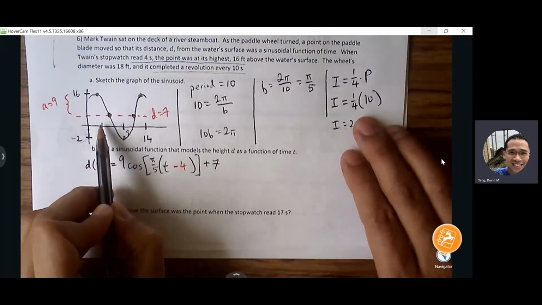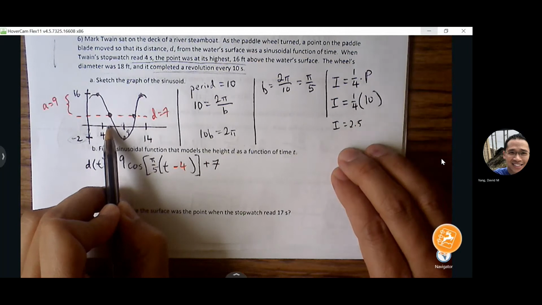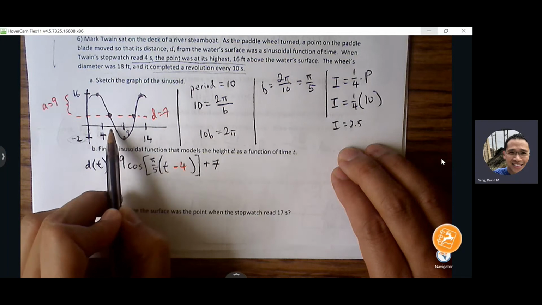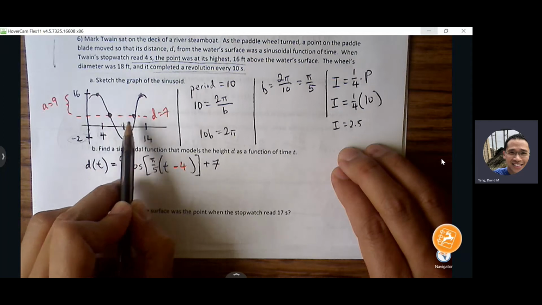So if I do 2.5 from 4, I get 6.5. And then from 9, I get 11.5. So if I want to do it from 6.5, I can. I just have to make sure that I reflect it because the graph is going down.